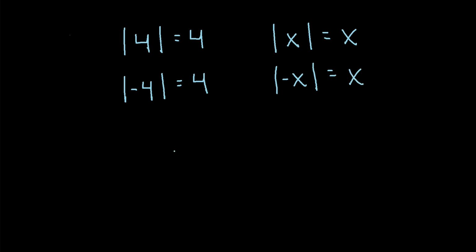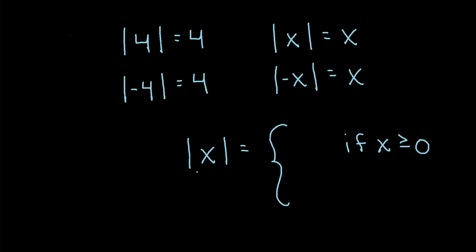Now, if we wanted to write the absolute value of x as a piecewise function, here's what it would look like. We could say if x is greater than or equal to 0, then the absolute value bars just return x.